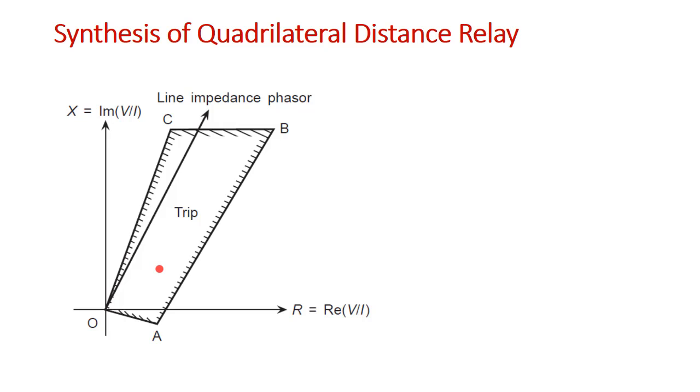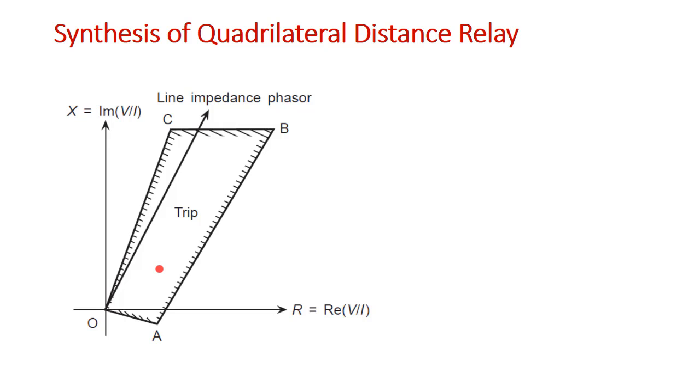So this quadrilateral distance relay plays a very important role, instead of putting the circular Moore relay or the impedance relay, because they cover much more area, which is not at all suitable when the power swing situation happens.